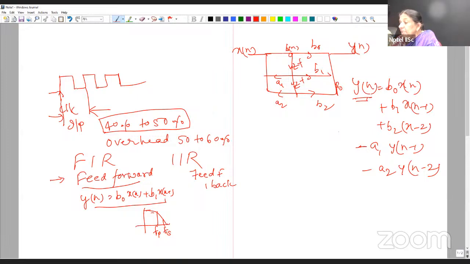Whatever negativity comes from here and the positive part, they nullify each other. But in this case, if both are negative, we may go for overflow, and the addition also, if they're positive and we are adding them, they may overflow. So we have to take care of the overflow conditions in this case. But we have reduced the storage elements, which is explained in detail elsewhere. So this is regarding the filters that we discussed.